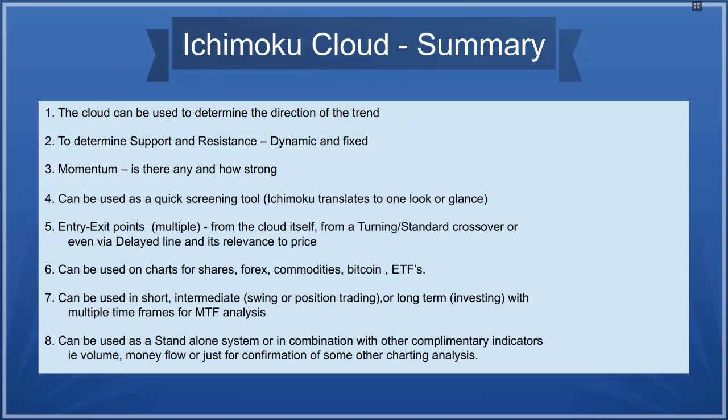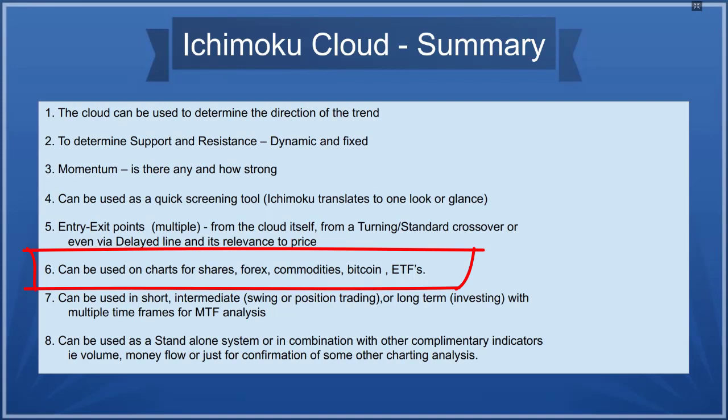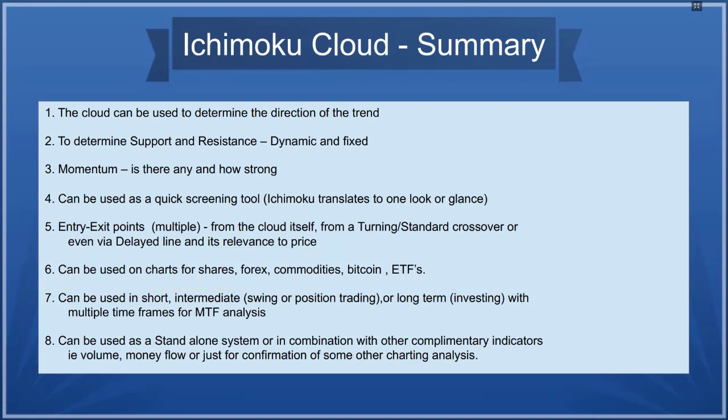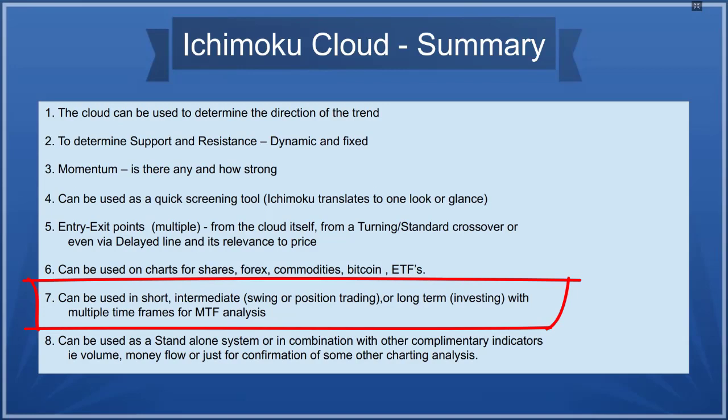We can use entry and exit multiple times by using the cloud itself, the crossover that we showed, or even just using the delayed line and its relevance. And it can be used on shares, Forex, commodities, Bitcoin, ETFs, in any time frame, any trading commodity. Short, swing, long term, multiple time frames, and we'll show you some of that later.